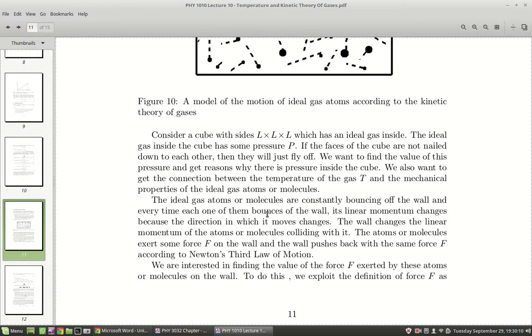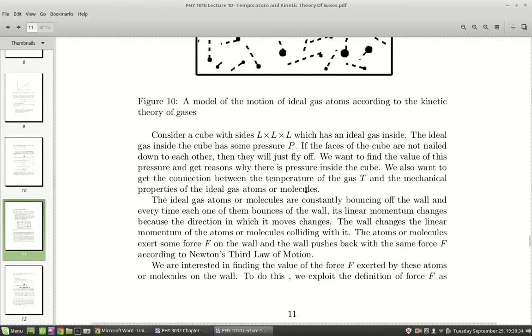We allow some of them to move only from left to right, then we allow some of them to move only up and down, then we allow some of them to move in and out of the page of this computer or the page of the book. So basically, the n atoms which we had, we divide them into 3 equal groups.